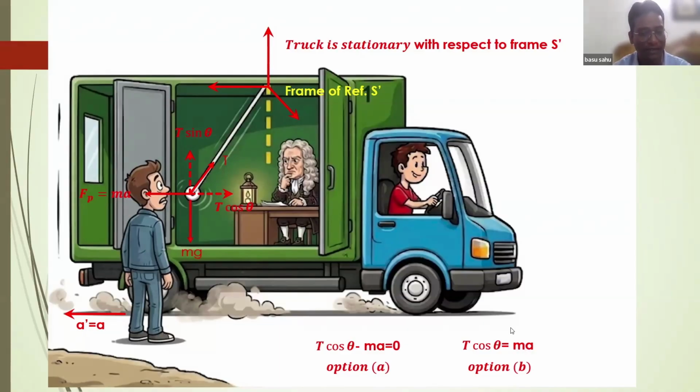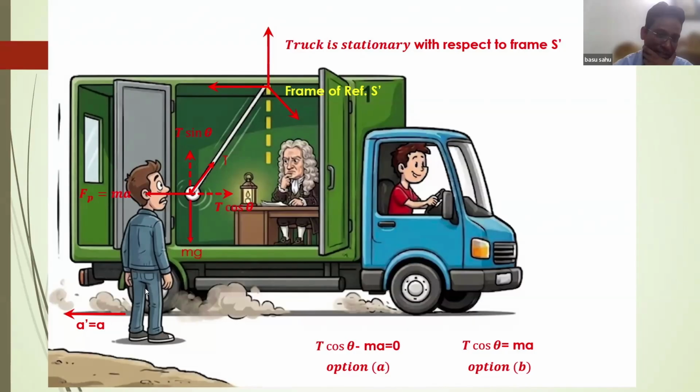Both look similar, but they are not similar in their physical meaning. Is everybody on the same line, or do you have any queries in this regard? Clear, sir. Fine. Okay, thank you so much.